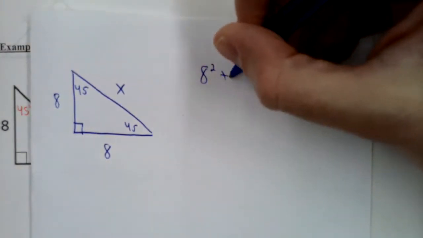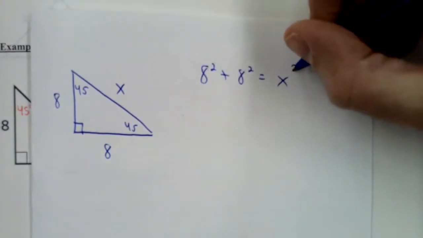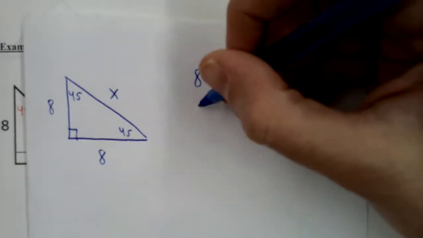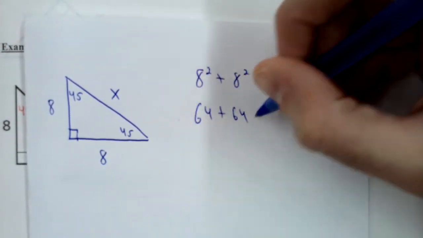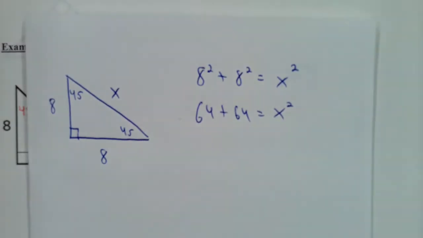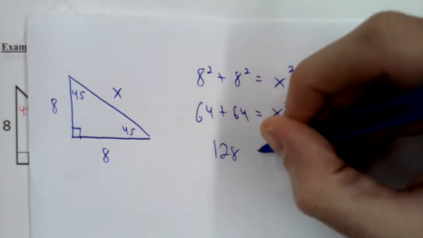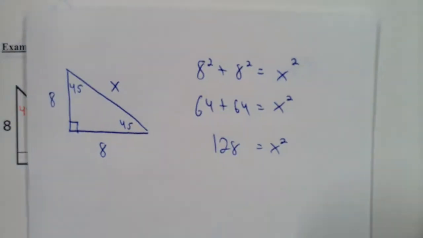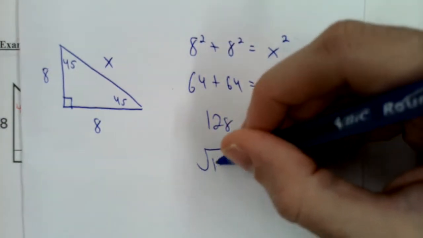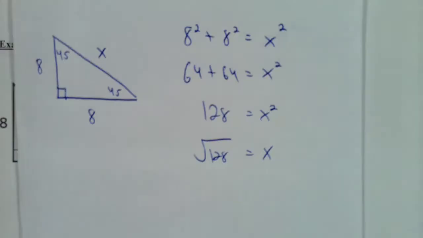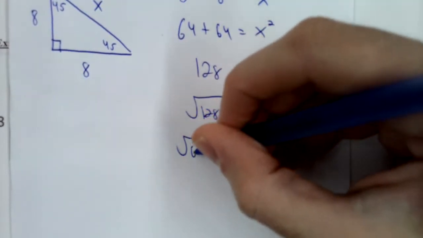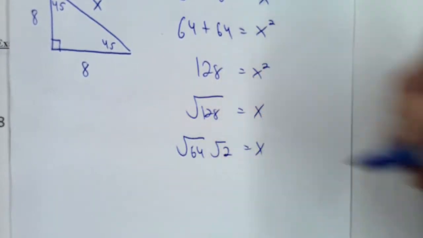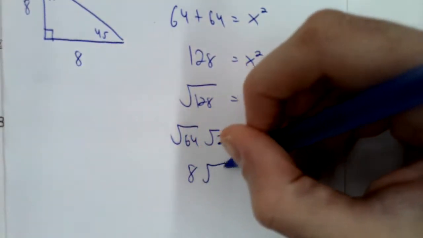You'd have to do 8 squared plus 8 squared equals x squared. 64 plus 64 equals x squared. 128 equals x squared. Square root of 128 equals x. Square root of 64, square root of 2 equals x. 8 square root of 2 equals x.